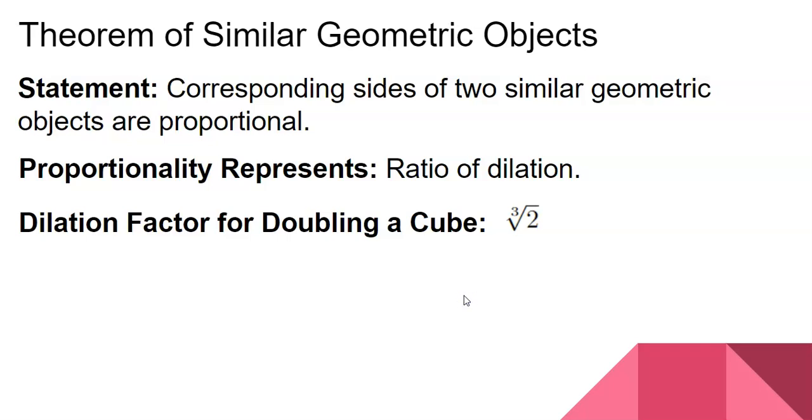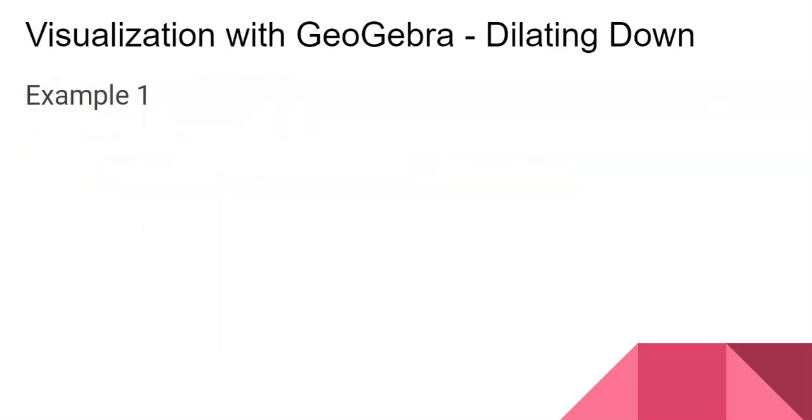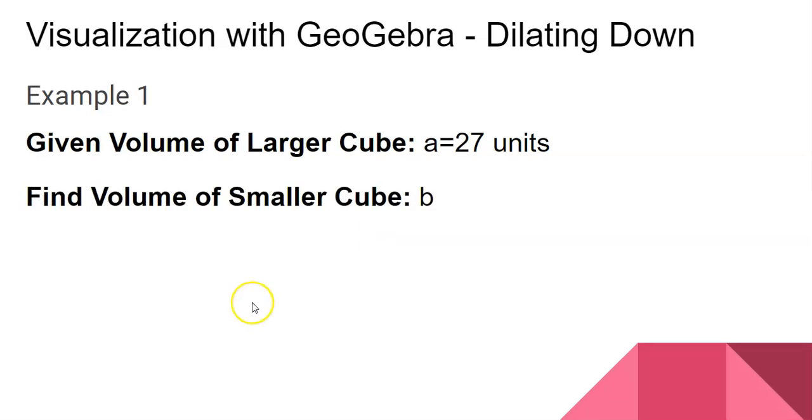Yes, it's cube root of 2, which is approximately equal to 1.259923105. Here we are going to show that the factor for dilating down or reduction is 1 over cube root of 2, that's less than 1. When dilating down, we're going to use the ratio y over x, which is 1 over cube root of 2, where x is greater than y.